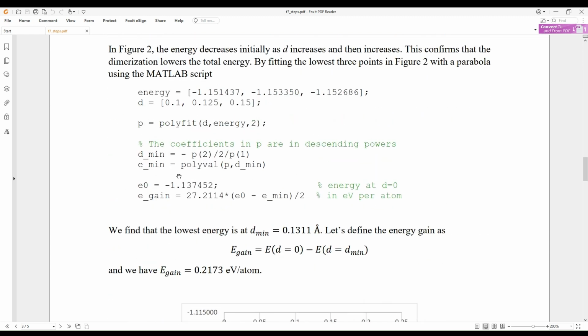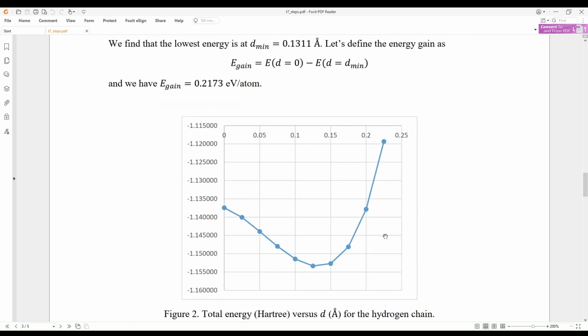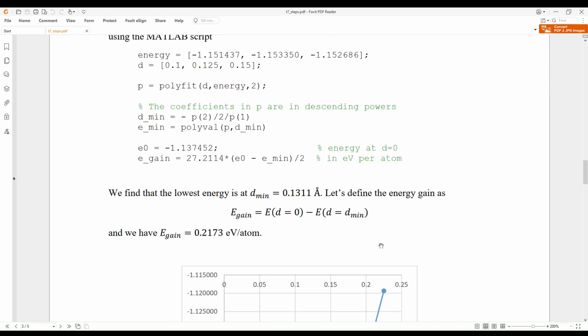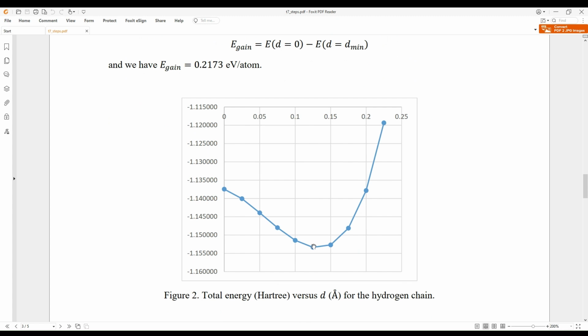Here, I also show you a MATLAB script. It tries to fit the lowest 3 points, which is here, here, here, with a parabola, in order to find the minimum energy along this line, and also the minimum energy position, which is the d value at the minimum.